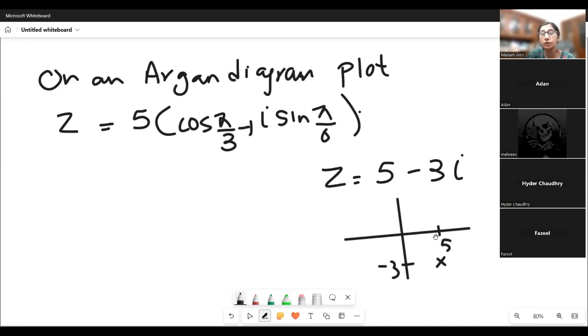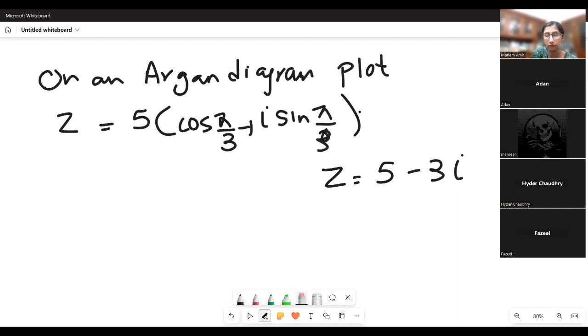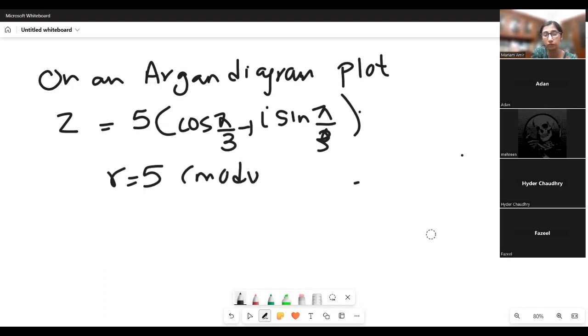But now it's given in polar form. So in polar form, we know what 5 represents and what theta, pi by 3, represents. 5 is the radius, which is also called the modulus. And pi by 3 is the angle, which is also called the argument.